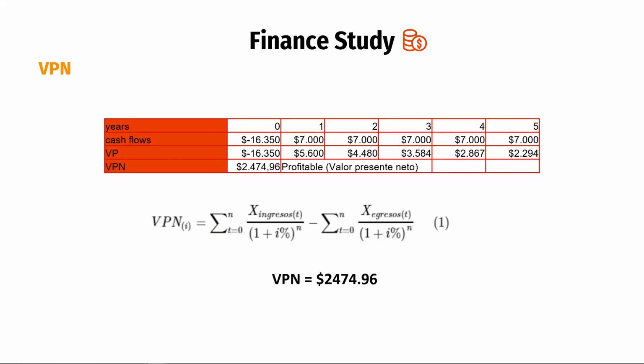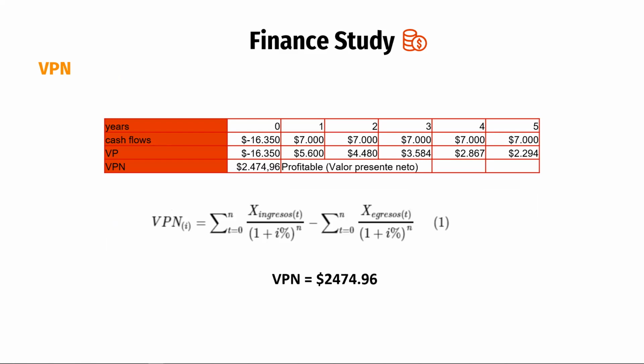The VPN is a more reliable indicator when evaluating a business or project. In this table, we can see the present value over 5 years.